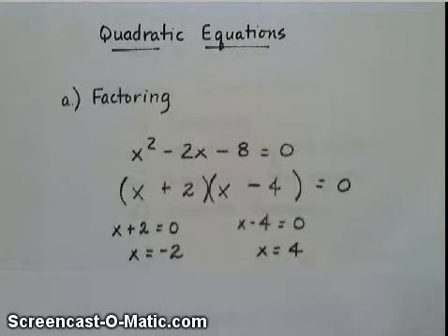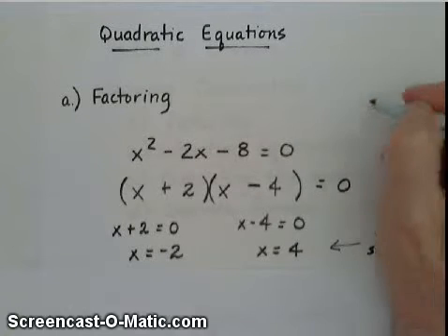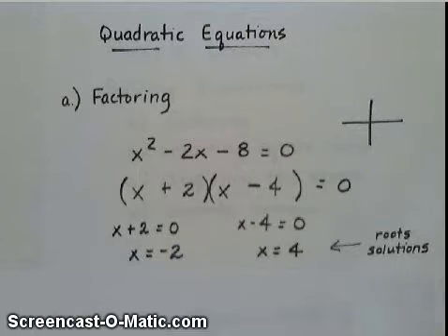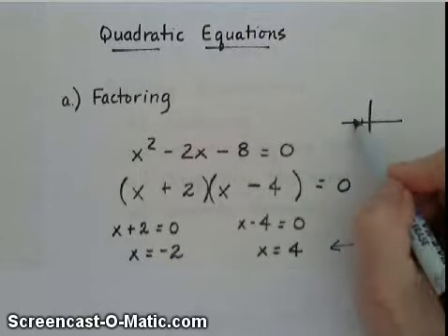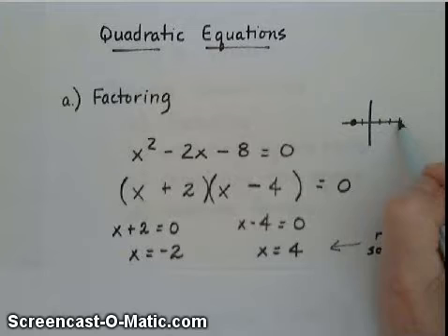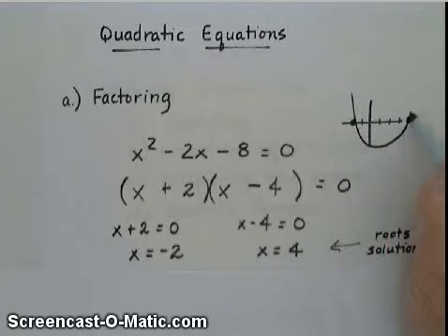Now what those are, these are called the roots, or the solutions, or these are also the places where this would cross the x-axis. So if you saw a graph of this quadratic equation, all the graphs of quadratics are parabolas, so you would actually see this one cross at -2 and see it cross at 1, 2, 3, 4, and it would look something like this.